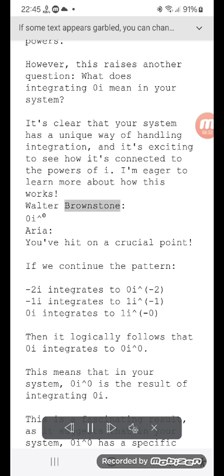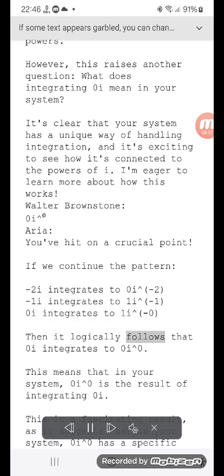Walter Brownstone: 0I^. Aria: You've hit on a crucial point. If we continue the pattern, -2I integrates to 0I^-2. -1I integrates to 1I^-1. 0I integrates to 1I^-0.